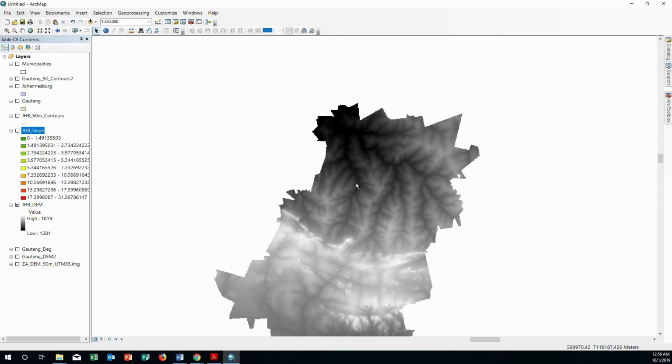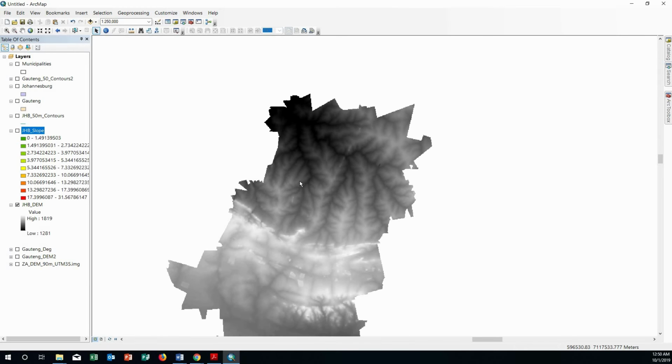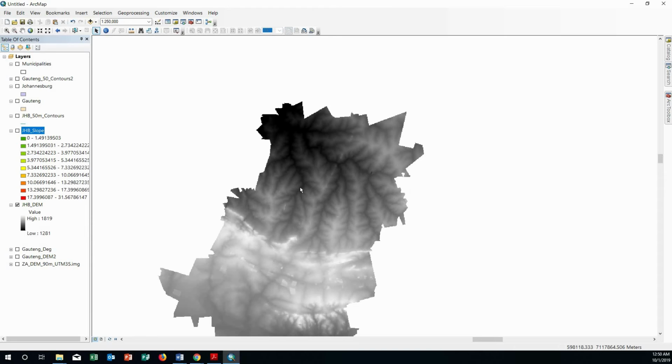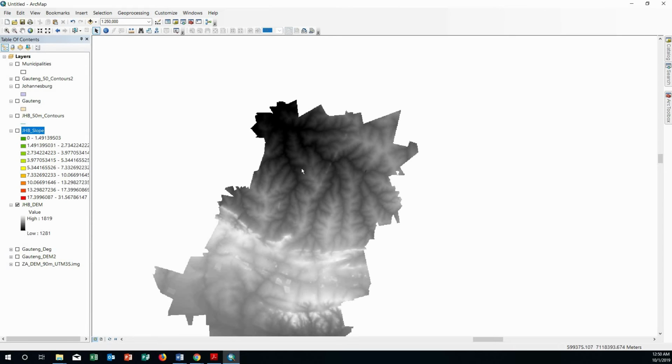Then, on the actual banks of it, you have an increase in elevation. So this is depicting almost like a river stream. In essence, it's not actually a river, but almost. If a river had to appear, it would look similar to this.